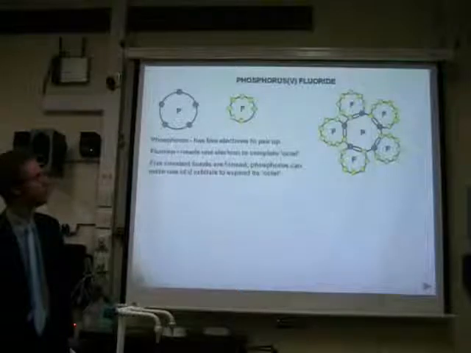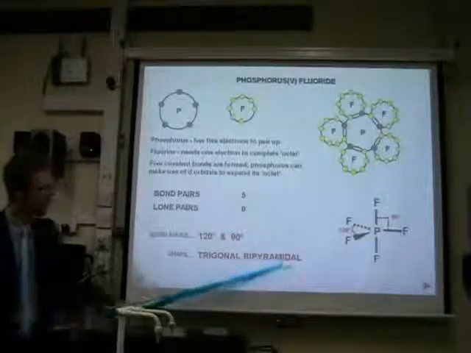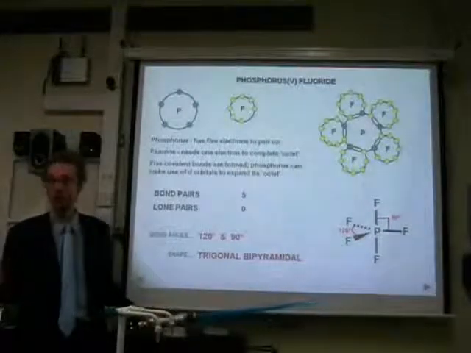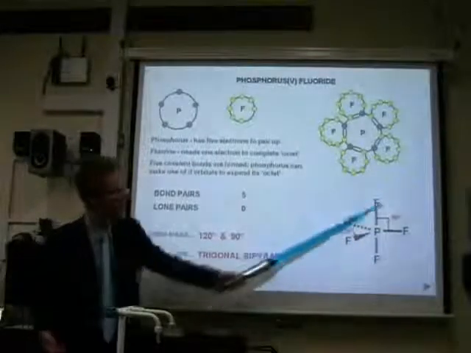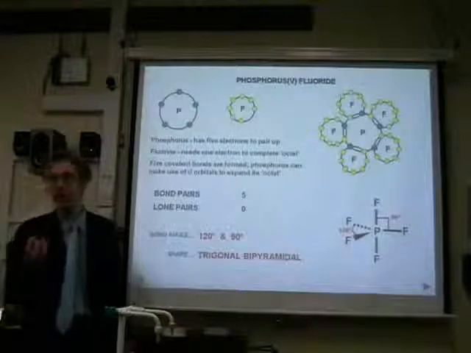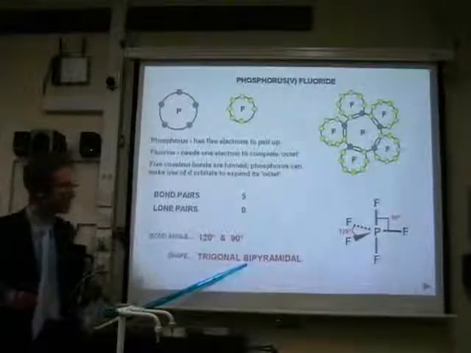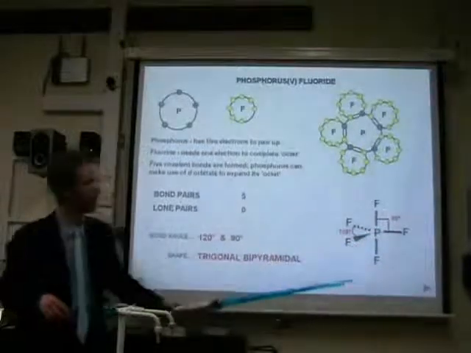If you go to PF5, you end up with this one. It's called trigonal bipyramidal, and the reason it's called that is because it's trigonal pyramidal, i.e. tetrahedral, 1, 2, 3, 4. So there's your tetrahedron with your other tetrahedron underneath it. So trigonal, bi meaning 2, pyramidal. Between these two pairs there, that's 90 degrees.